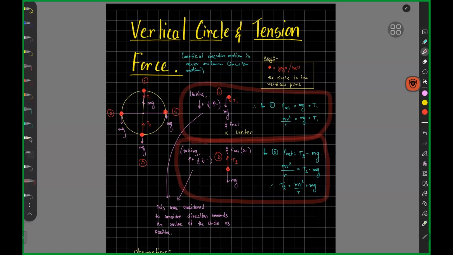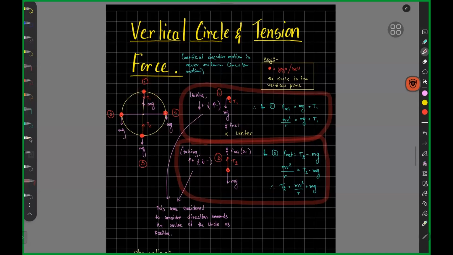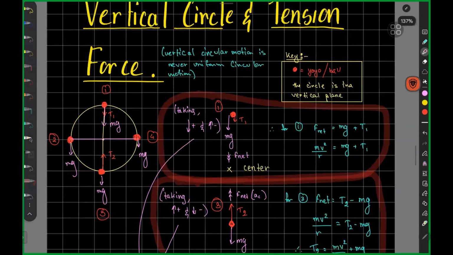Why is there such a difference? The biggest reason is that at the topmost position, if the tension and mg are both pulling the bob downward, isn't the string going to get slack very easily? Because if both tension and your weight are pulling the bob downward, the string has a greater chance of being loose or having zero tension.